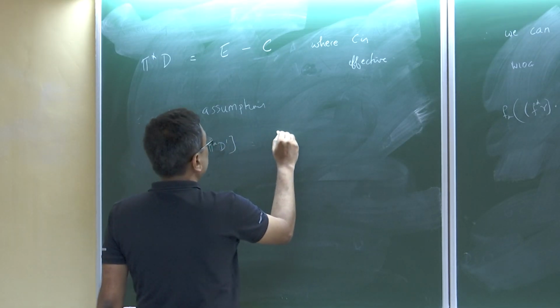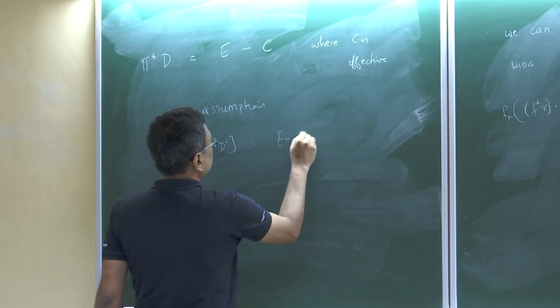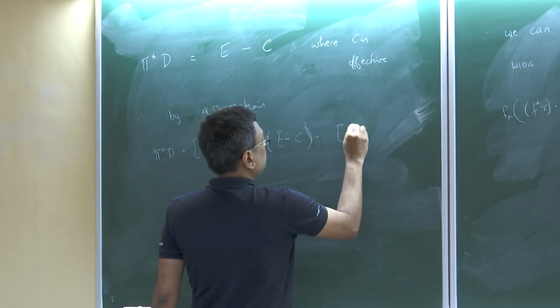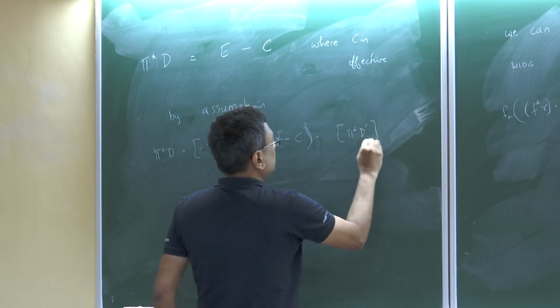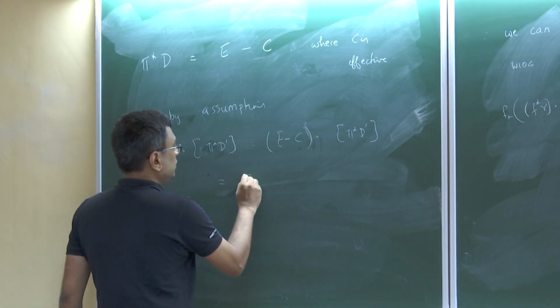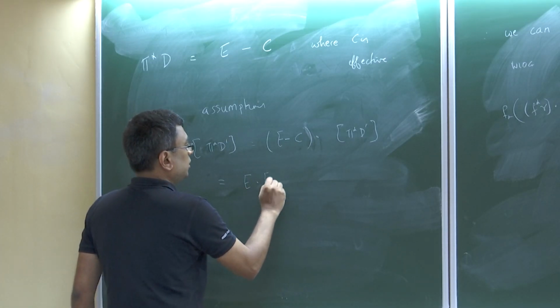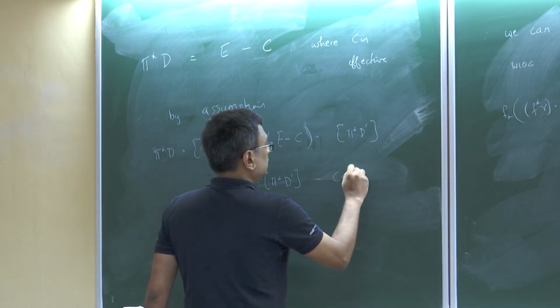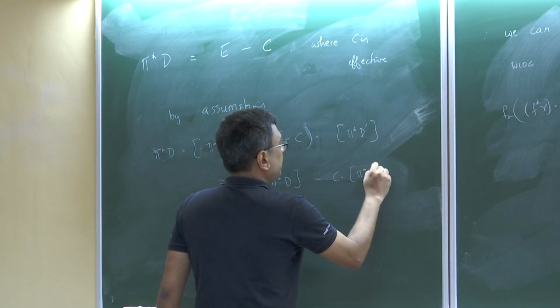So this is equal to E minus C dot pi upper star of D prime, but any addition here gets distributed, so this is equal to E dot pi upper star D prime minus C dot pi upper star D prime.